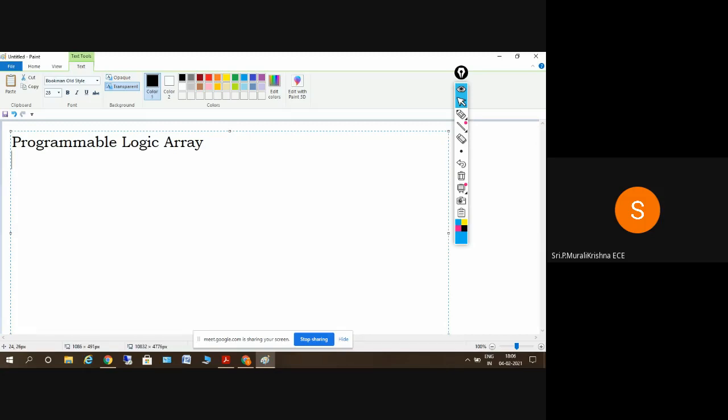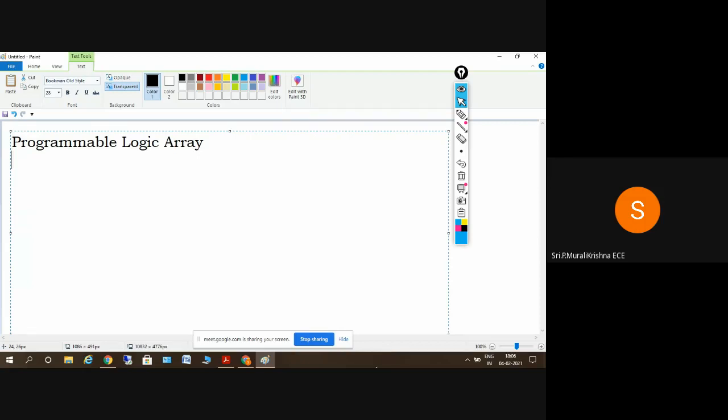Afterwards, I'll go with the problem. The main thing here is I have to draw the circuit diagram, and I have to draw a PLA programming table. I need a PLA programming table, and afterwards I need to draw the diagram. I need to derive the equations, and I need to draw the diagram.